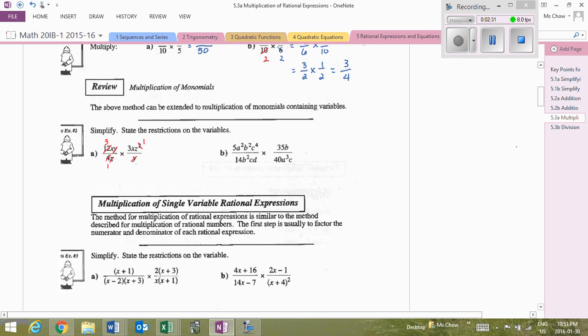And so now I've just got 1 in my denominator, so I don't need to show that 1 in the denominator, and essentially we've got 3x times 3xz, so that'll be 9x squared z.